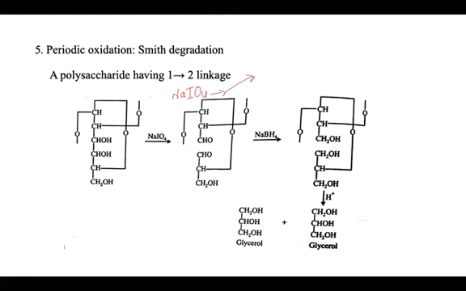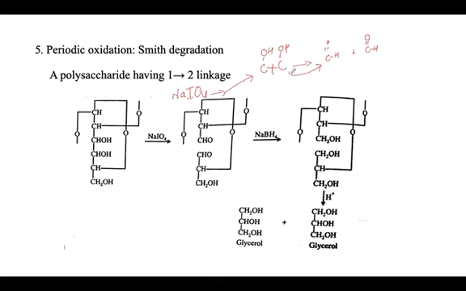It has the character that where we have two hydroxy groups which are vicinal, that is, they are present on two adjacent carbons, when treated with NaIO4, they will be converted into aldehydic groups, and the C-C linkage will be cleaved, and we will get the two aldehydic groups. So only the hydroxy groups which are vicinal will be oxidized to the aldehydic group.